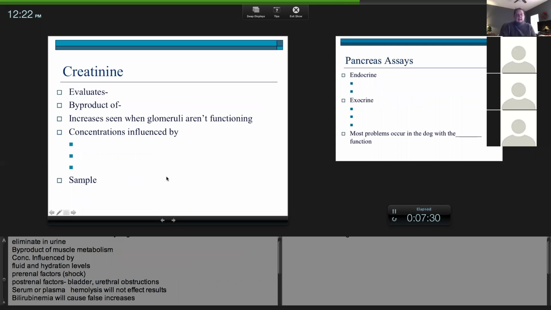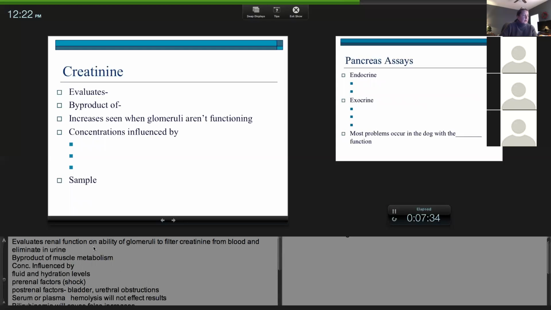Now the creatinine, which backs up your BUN, is really evaluating the glomerular function. If you remember, the glomerulus inside the nephron is the filter that initially filters out the urine. Can it filter creatinine from the blood so it gets eliminated through the urine? So this is the first part of the nephron.